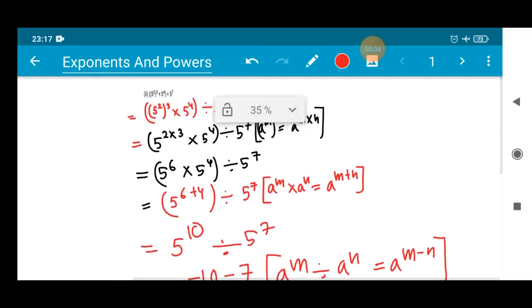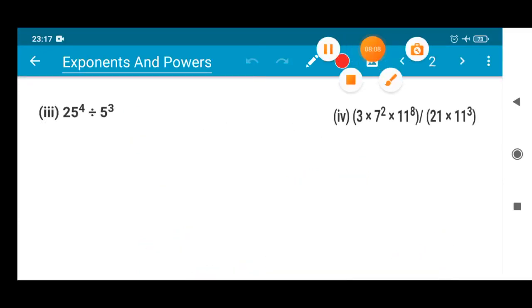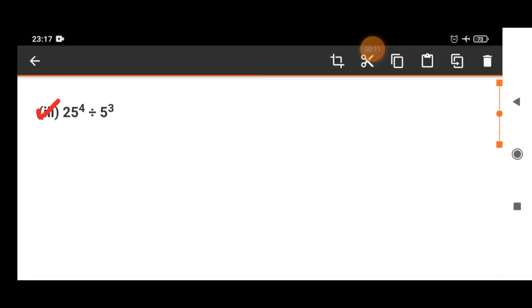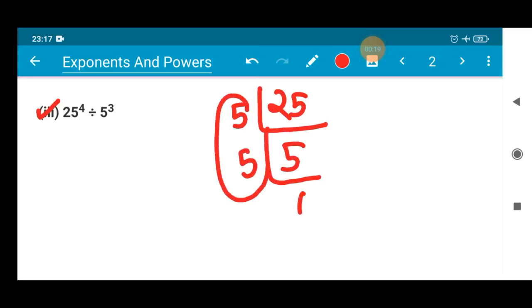I hope you guys understood this. Let us proceed to the next one. So question number 3, here we have 25 to the power 4 divided by 5 cube. I've already told you that whenever you get a composite number, you express that number in its prime form. Try to convert that into prime form. 25 can be reduced to its prime form, that is 5 5s are 25, that is 5 square, right?